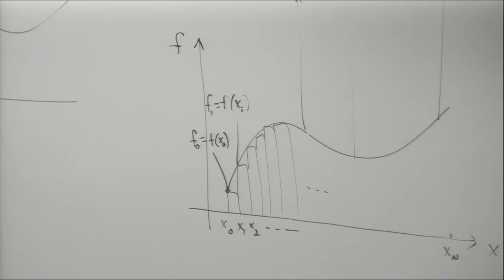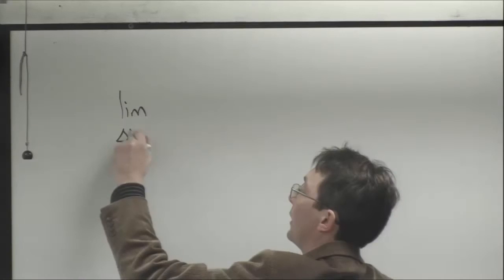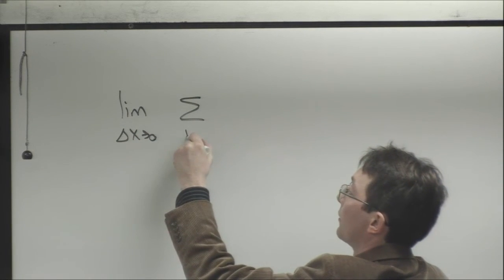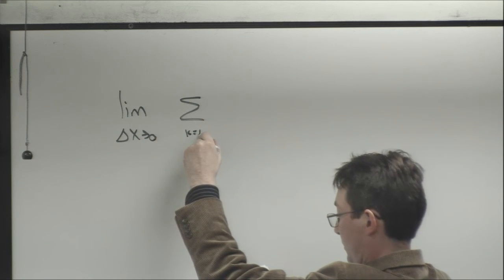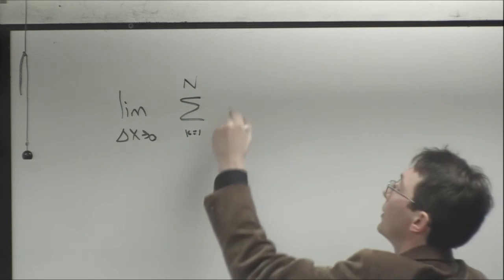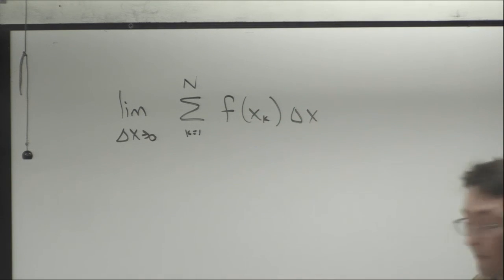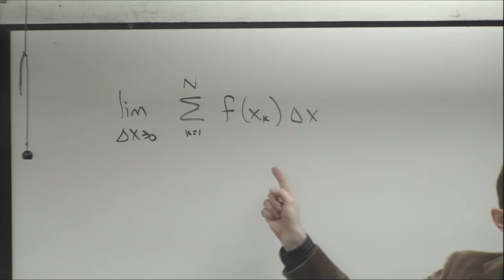And now our integral becomes way, way simpler. So now we have the limit as delta x goes to 0 of the sum from k equals 1 to n of f of xk delta x. Much simpler.